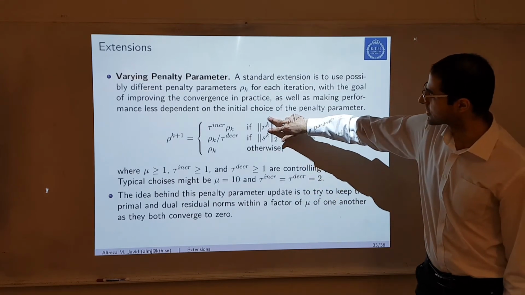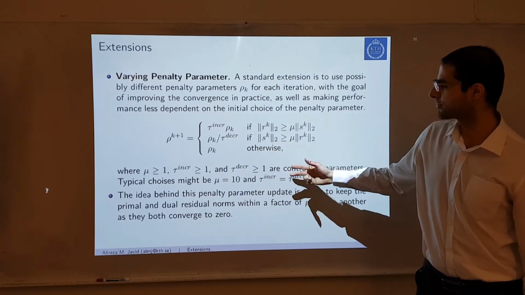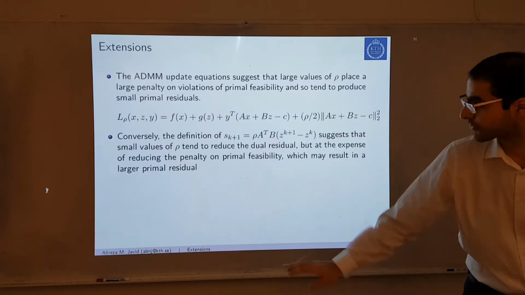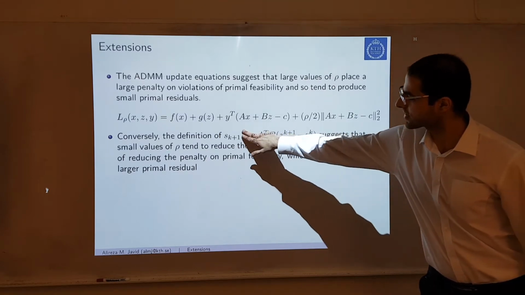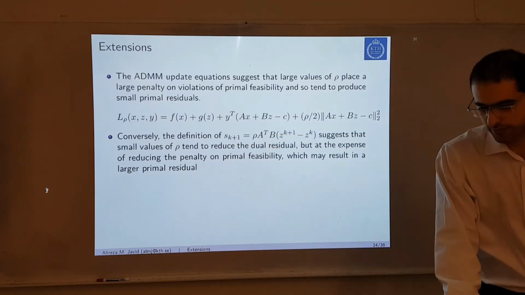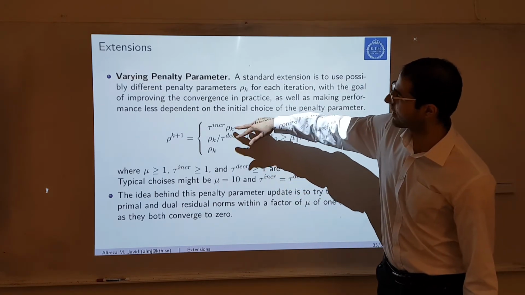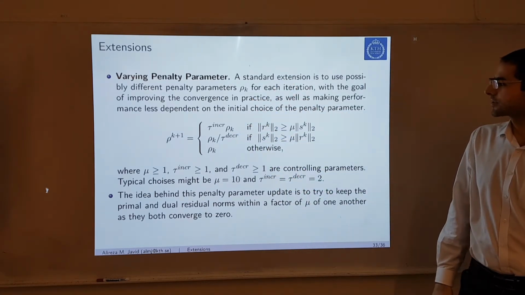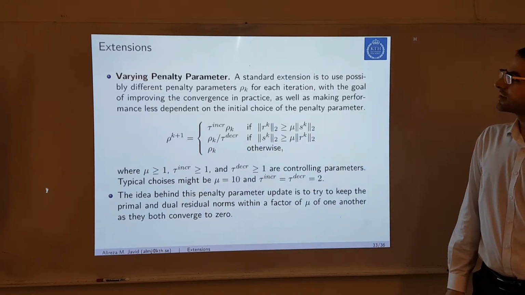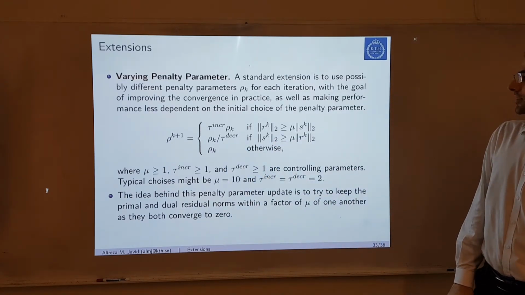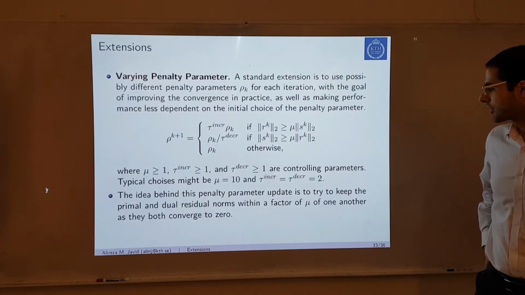If s is so large, s by definition is rho times something, so I will decrease rho. Otherwise, I won't touch rho. That's the whole idea, and apparently it improves convergence. But they didn't talk about the proofs, so I don't know. Apparently it worked in practice.